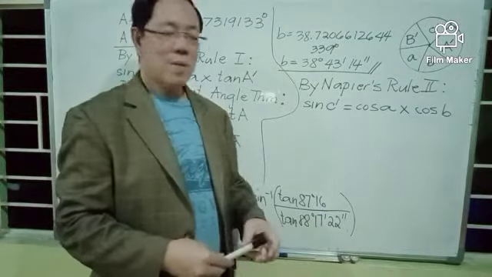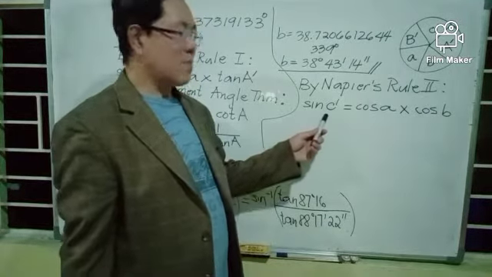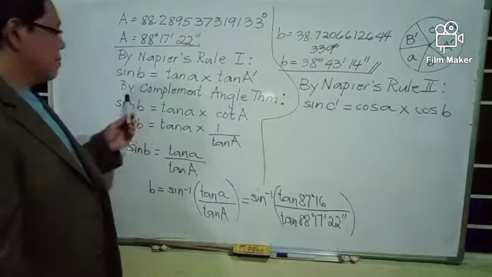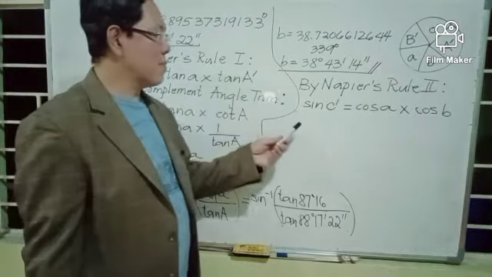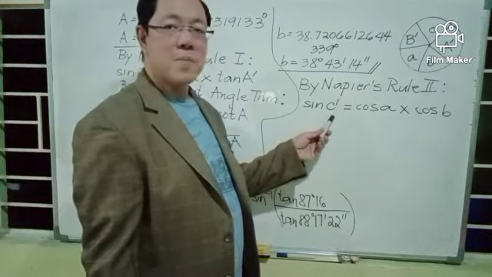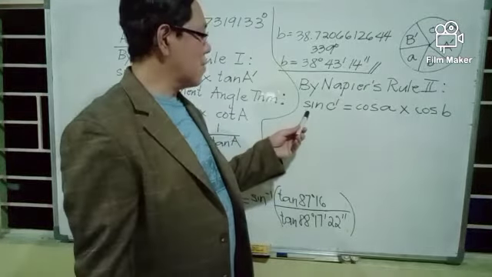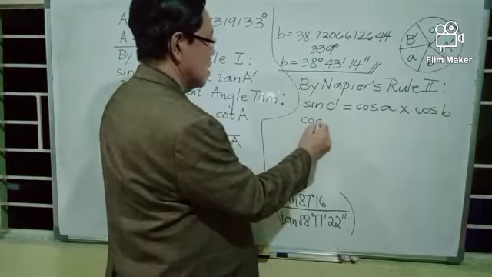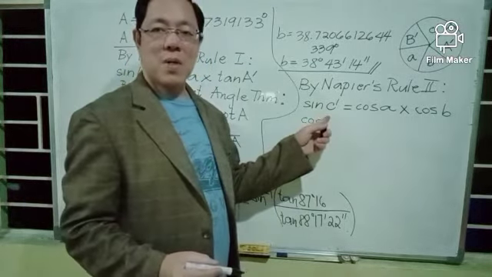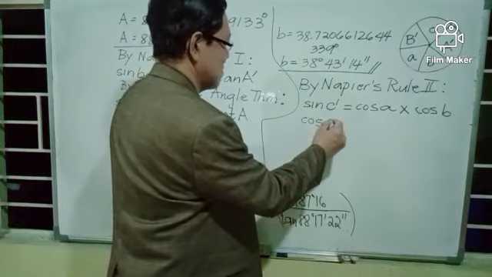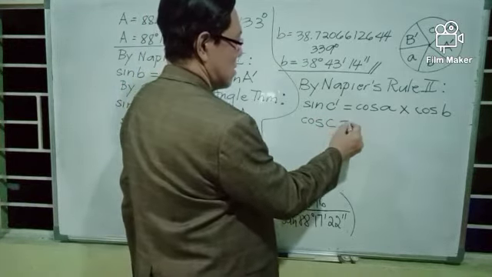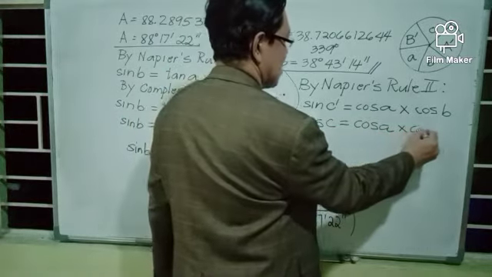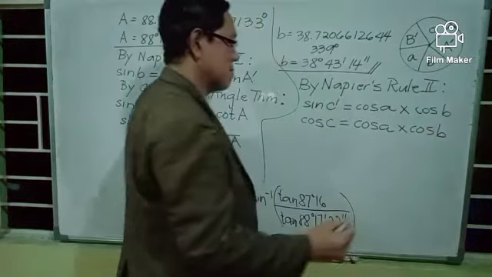Now we want to remove the complement from sine of c prime. By the complement angle theorem, the sine of small c prime is equal to the cofunction of sine, which is cosine of the complement of small c prime, which is small c. And cosine of small c equals cosine of small a multiplied by cosine of small b.